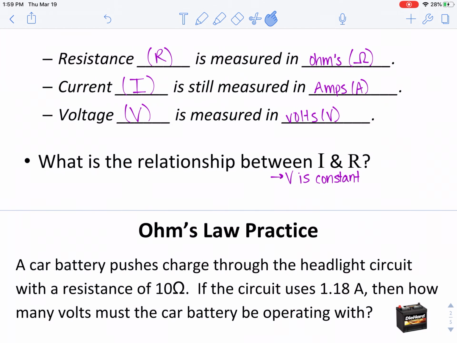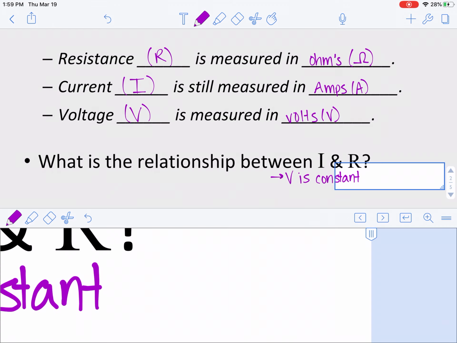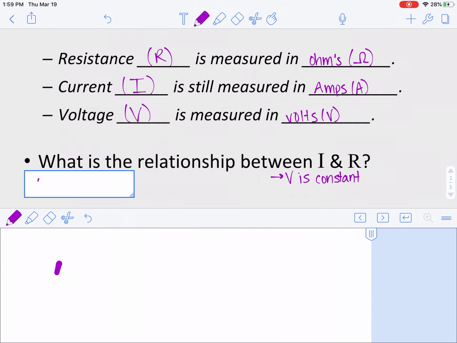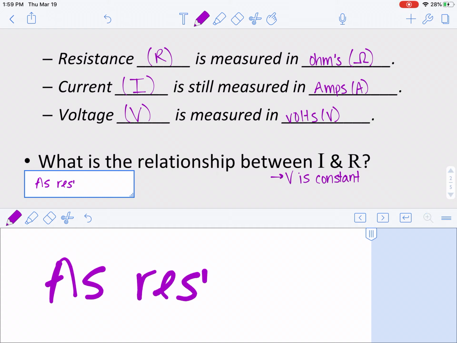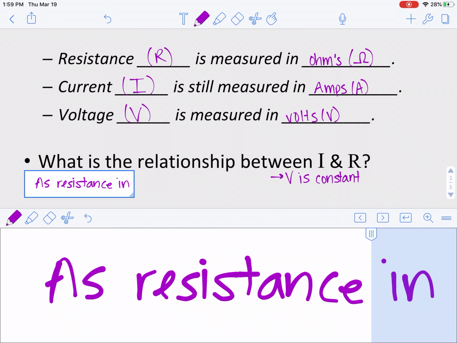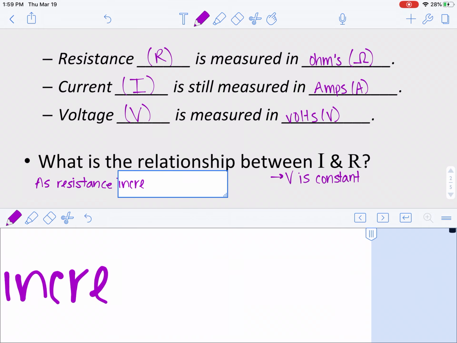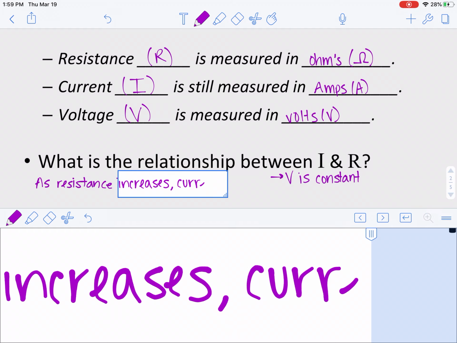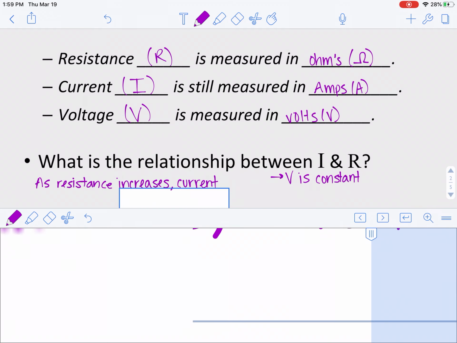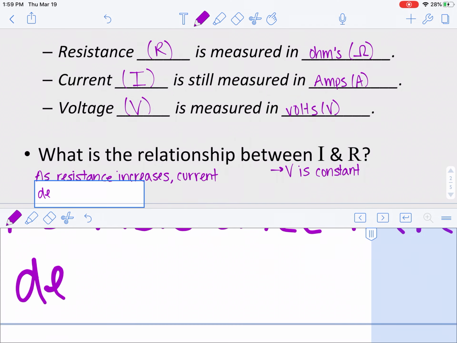So putting this into words, as resistance increases, current decreases.